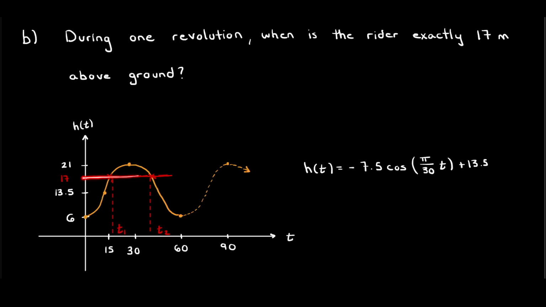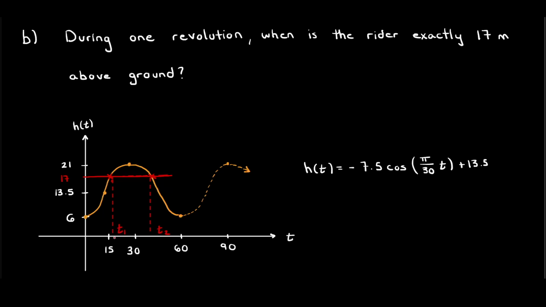If you were to draw a horizontal line at y equals 17, or h equals 17, we're looking for these points of intersection. Of course, there are going to be infinitely many such points, but we are looking for the ones that are in the first revolution. Okay, and that corresponds to these 2 points, T1 and T2.